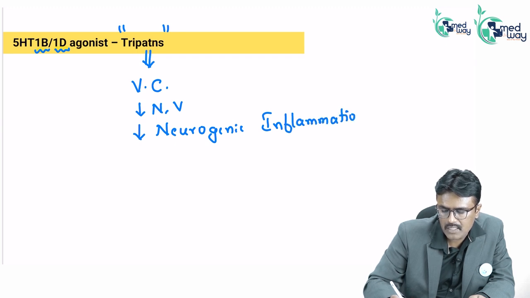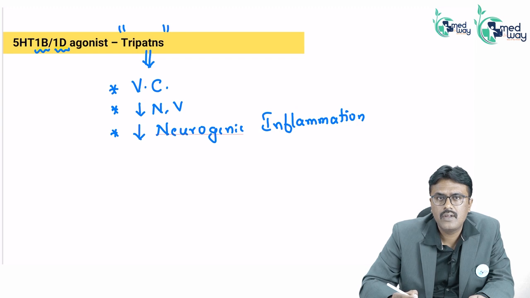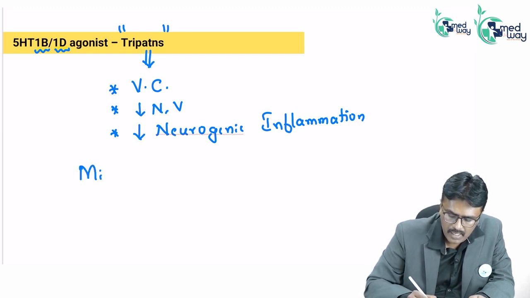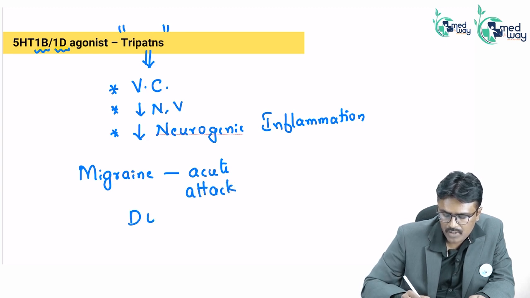Now which condition we require vasoconstriction, decrease in nausea and vomiting, and decrease in neurogenic inflammation? We require that in migraine. And which migraine I am talking about? The acute attack of migraine. So for acute attack of migraine, the drug of choice are triptans.